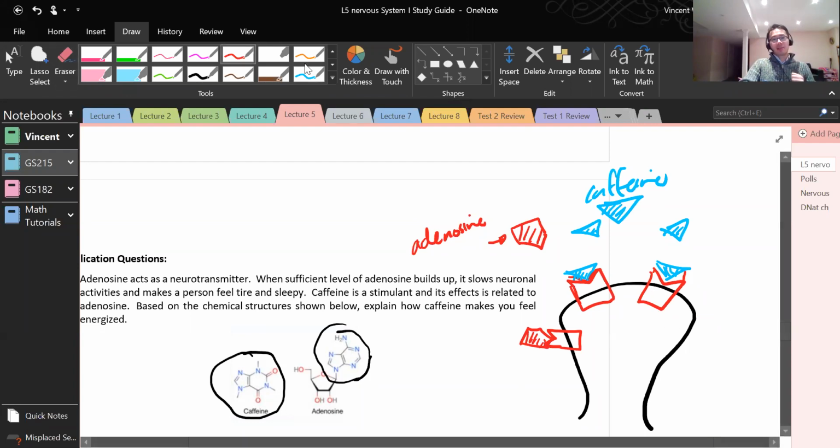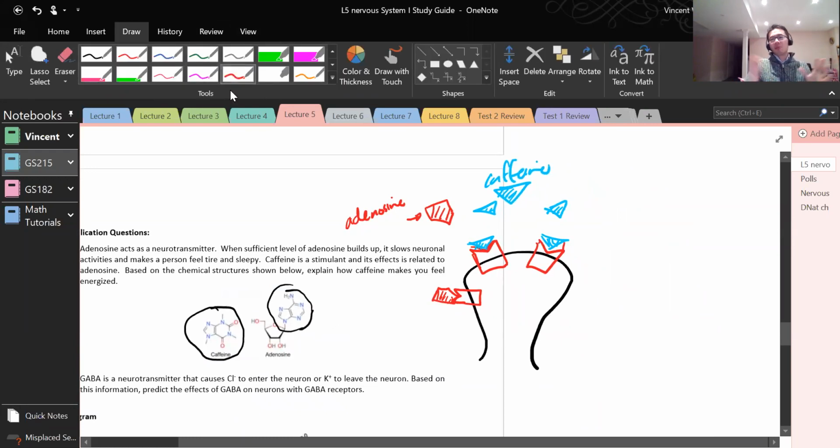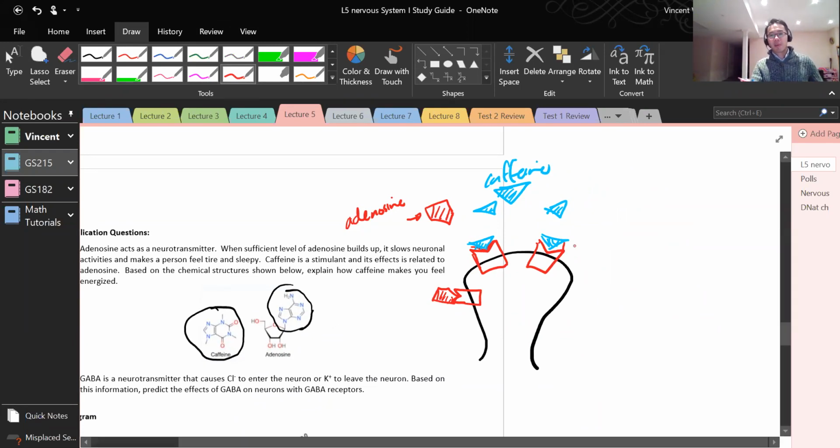Okay, so here's what happens. This is for real. If you drink caffeine 1 time, 2 times, no big deal. But if you keep on drinking it for half a year, couple of years, right? Then your brain will adapt. The brain is like, okay, you are flooding the system with caffeine and you're blocking the receptors. So, I don't like that. I want to regain the balance. I'm going to put more receptors on the surface.